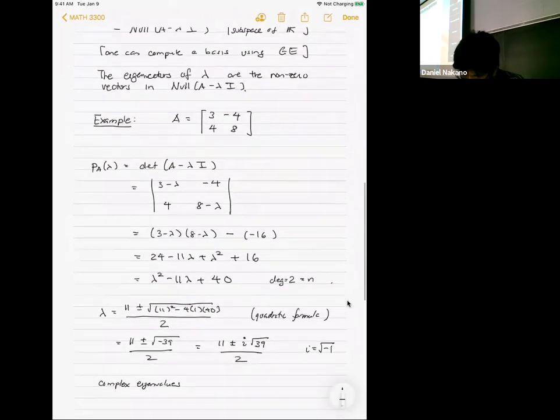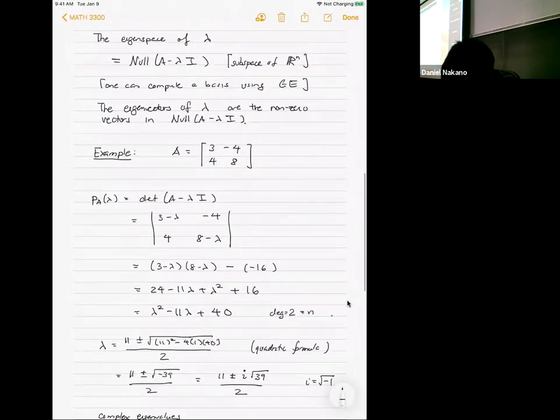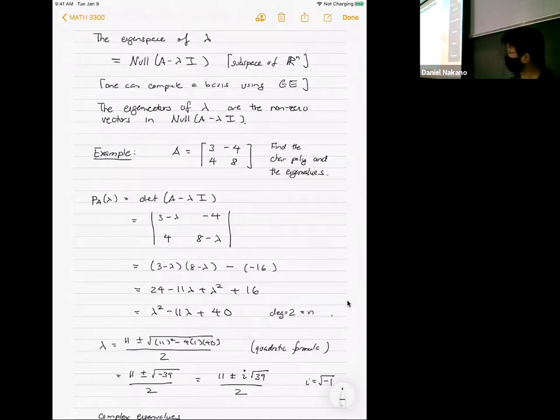So the problem I should state more clearly is: find the characteristic polynomial and the eigenvalues. All right, so that's what we want to do with this problem.